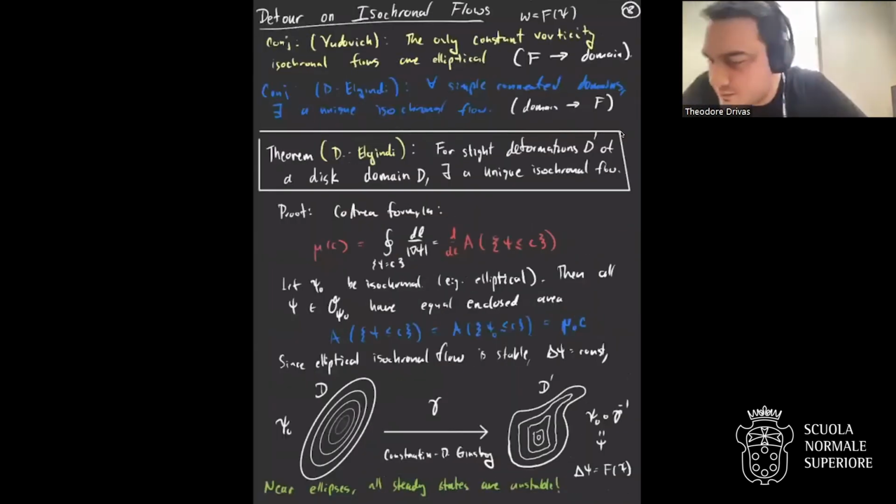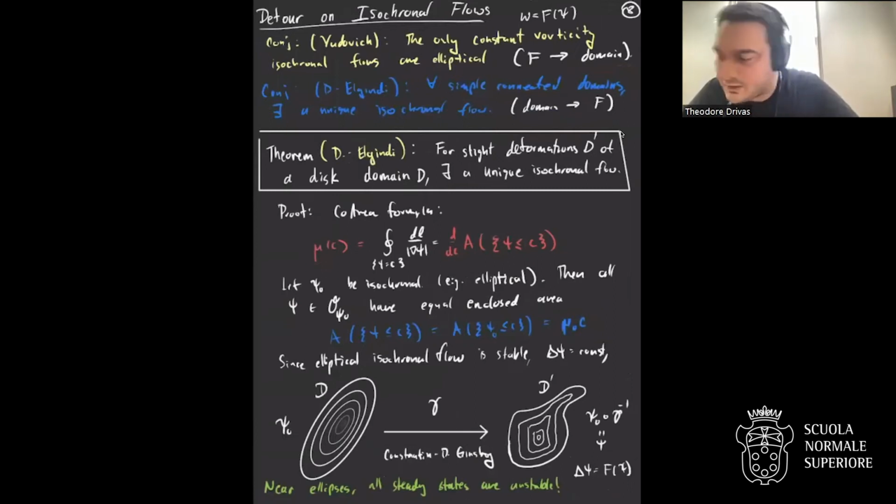So let's do a small detour on these isochronal flows. In Yudovich's work, he made a conjecture about the rarity of them. He conjectured that the only constant vorticity isochronal flows are those elliptical ones I just showed you. They happen to have constant vorticity.